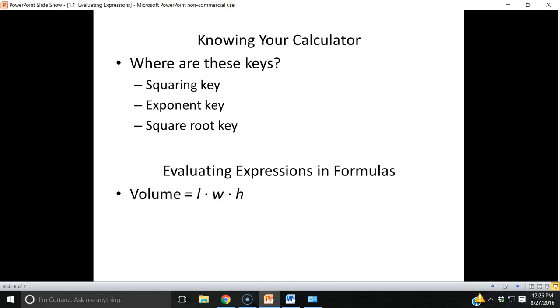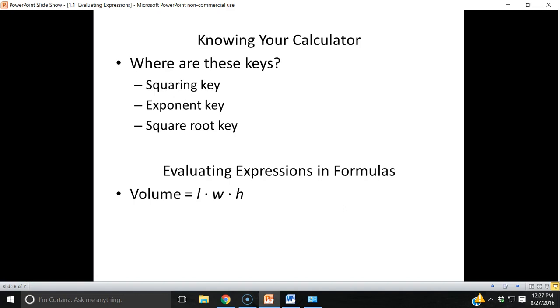Evaluating expressions and formulas. Basically, we're going to see some different formulas over the course of the year, and you just have to understand what letter stands for what variable. So sometimes in an expression there's a specific formula in mind. In this case, volume is equal to length times width times height.